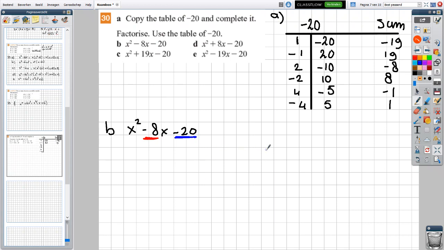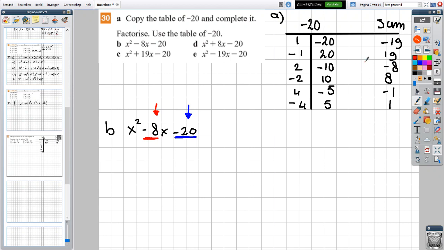As I said in my explanations in the other videos, I would rather have called this the sum product methods, because here I'm going to find numbers of which the sum is -8, and I'm going to find numbers of which the product is -20. Well, all those numbers here have a product of -20, so I have to use the combinations of any of those. But which of them also have a sum of -8?